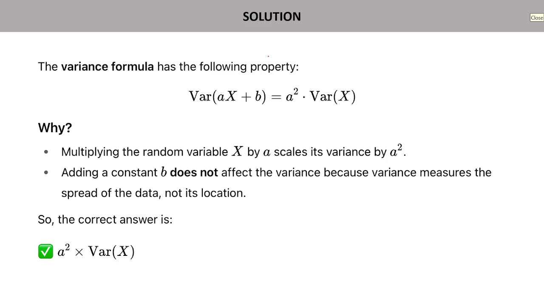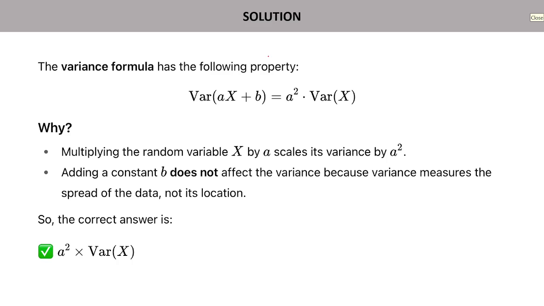Okay, but if a constant b is added to that same variance of x, it will not affect the variance, because variance measures the spread of the data and not location. So if any value is added, that only changes its location and will not affect the variance at all.